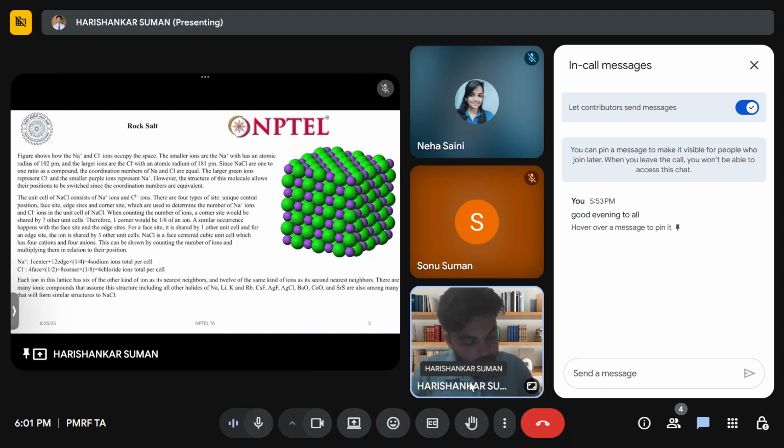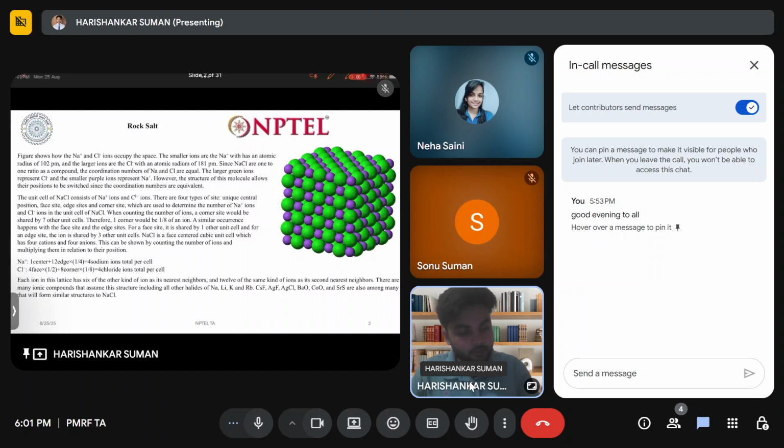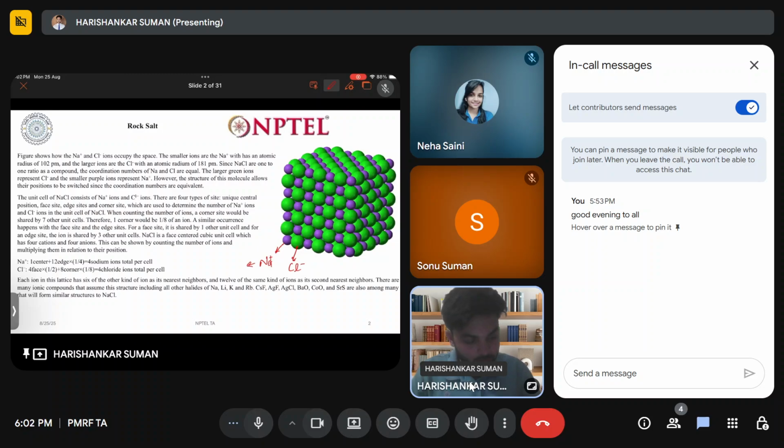Here you can see this is the Cl atom, and this is Na, which has a radius of about 102 picometer, while Cl has a radius of 181 picometer.